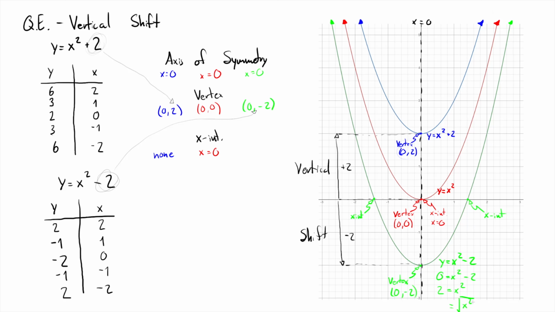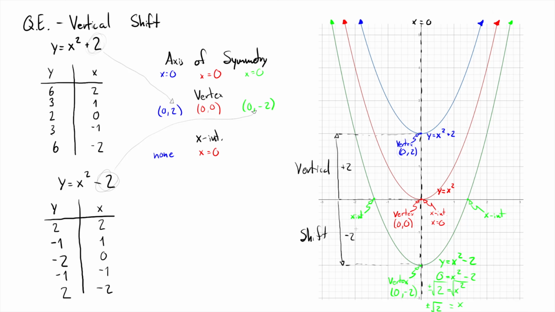Square root of x squared just becomes x, and we'll take the square root of 2. And remember, when you take the square root, you have to put a plus minus. You can have a positive or a negative. And so this is going to be plus minus the square root of 2. That's going to be our x-intercepts.